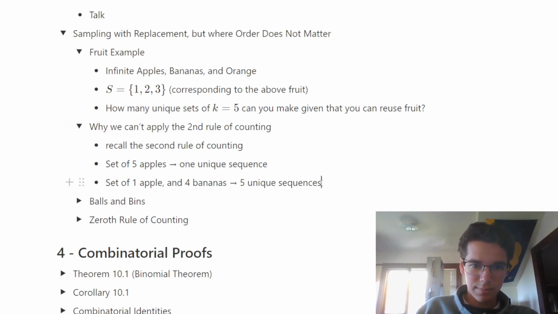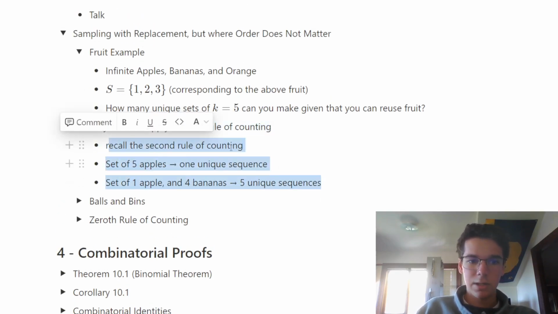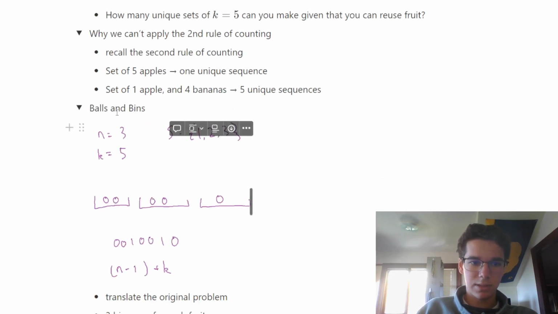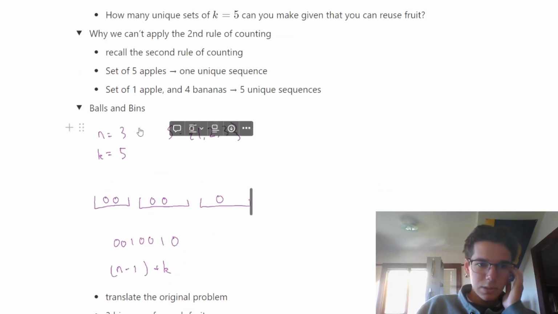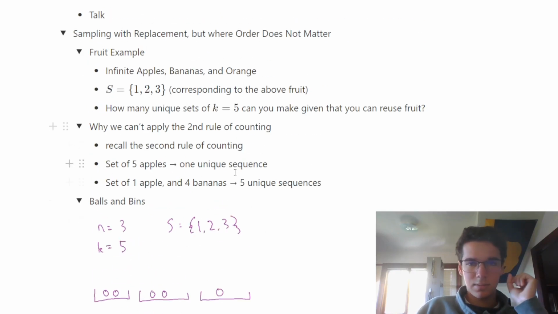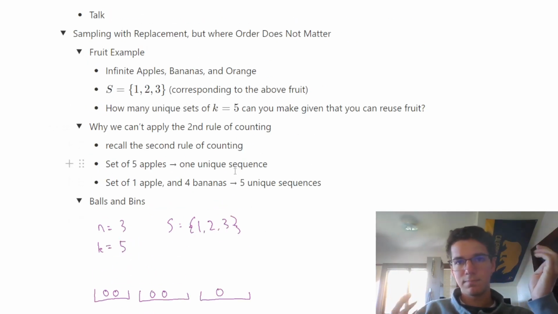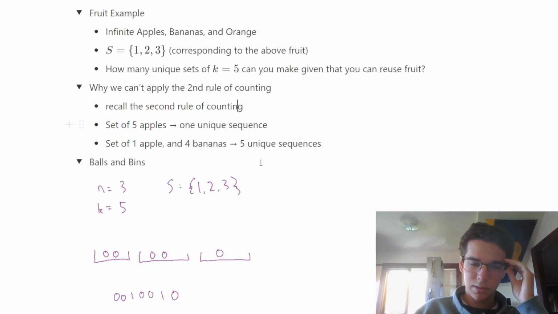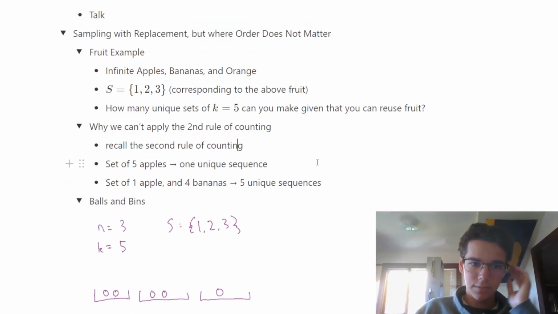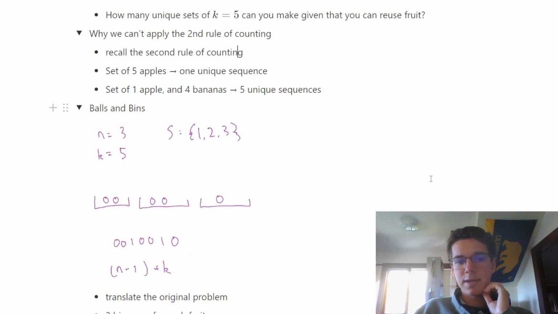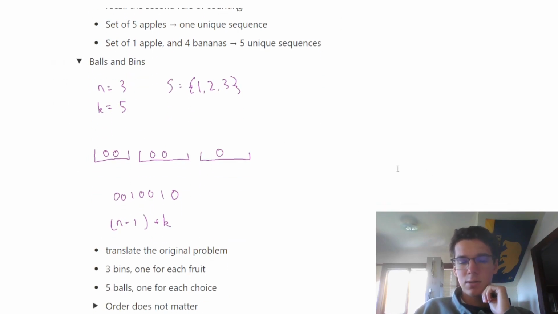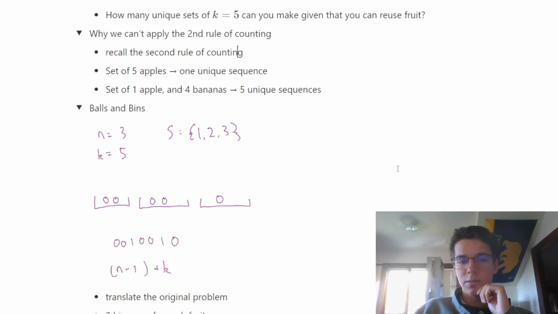In order to put this into terms of something that we know, we're going to use this balls and bins metaphor. So we have 3 fruit from which we can choose, and then we're going to make sets of size 5.